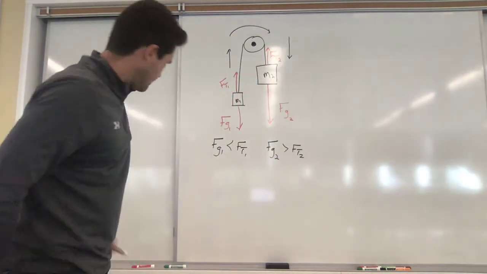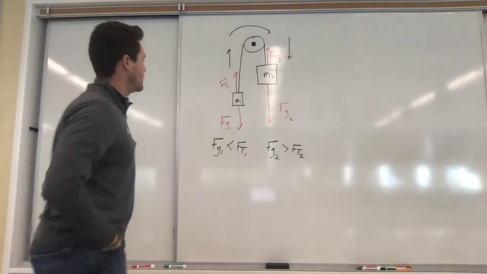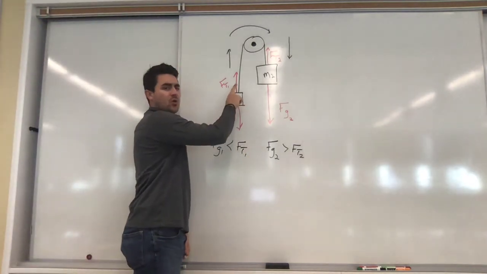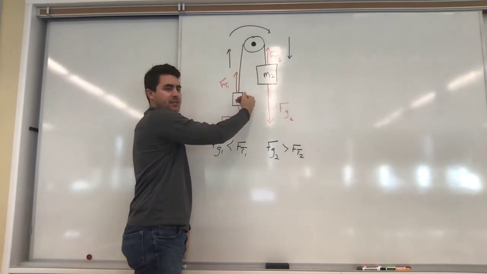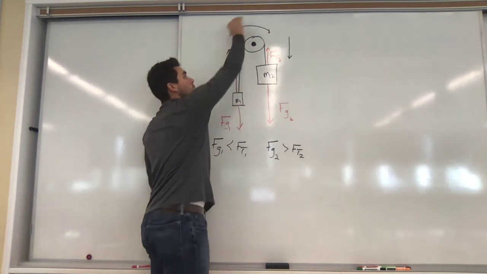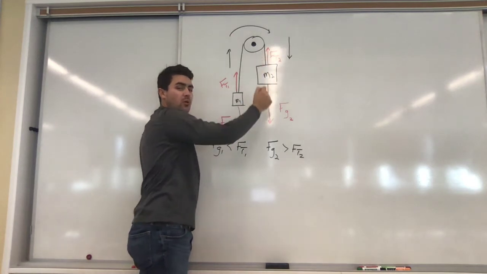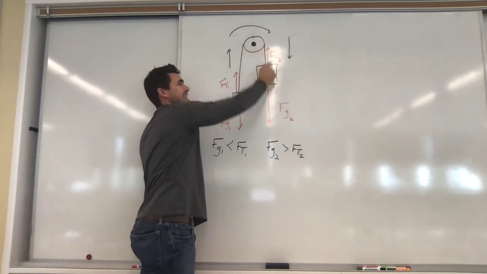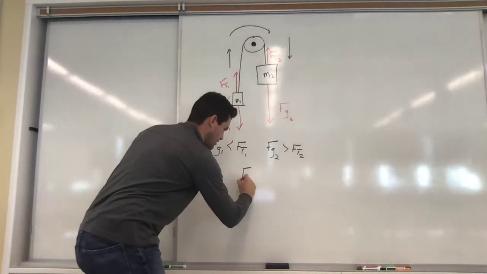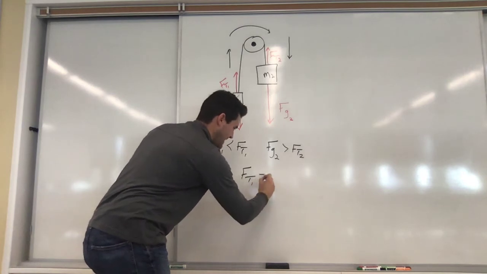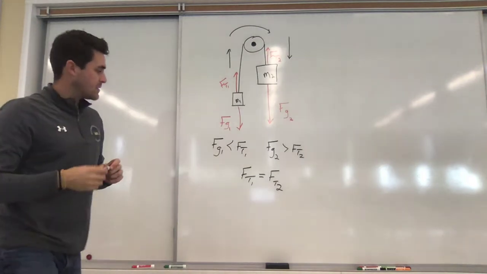Okay? Got it. There's one more thing I know because we just discussed third law pairs. I have this tension force in the rope here. Mass 1 pulls on this rope, the rope pulls back on mass 1. Well, that same rope is pulling on mass 2, right? The rope pulls on mass 2, mass 2 pulls on the rope. This rope is connected to both mass 1 and mass 2. That means that the force of tension acting on box 1 is equal to the force of tension acting on box 2.